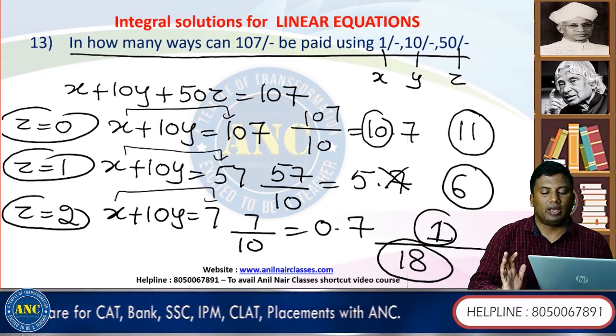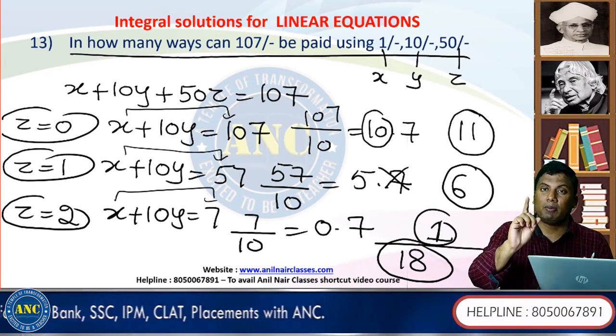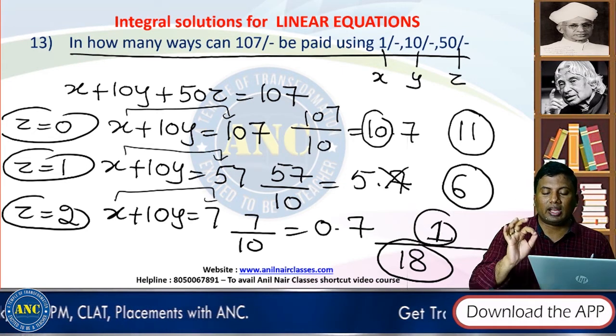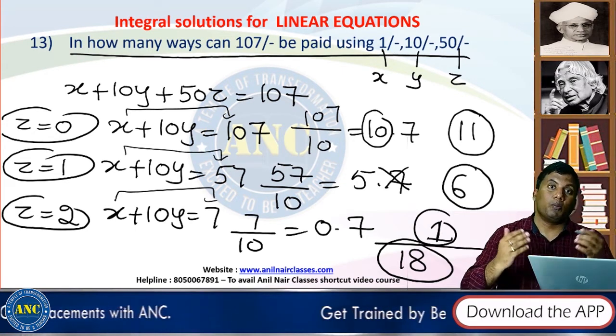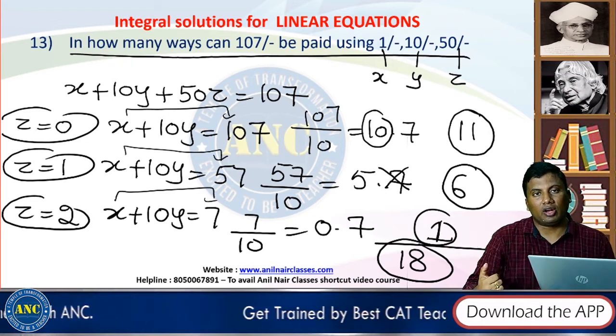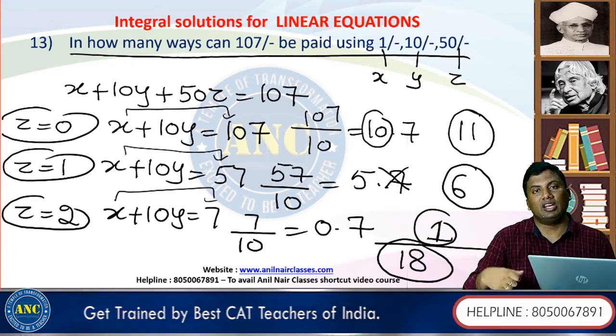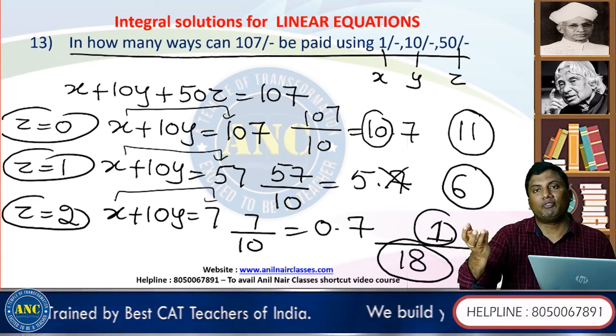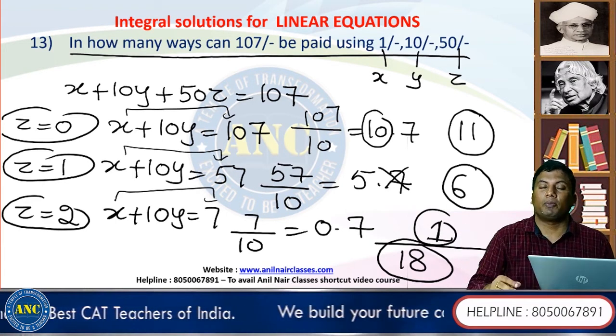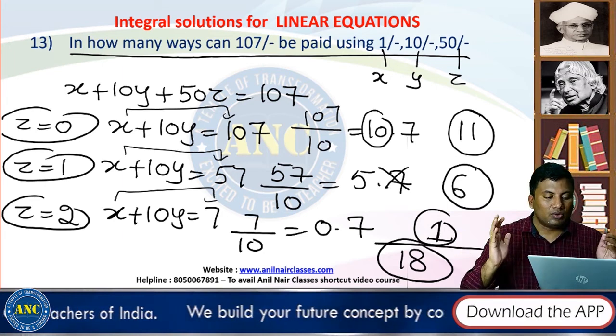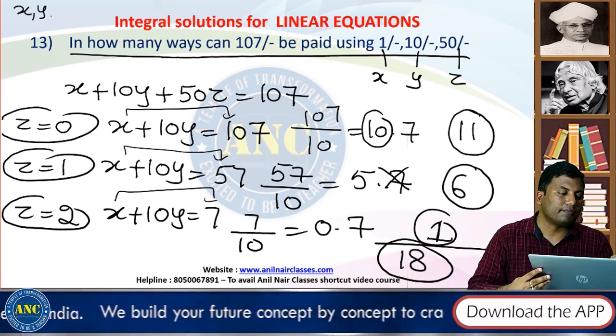K by A into B. It is not specified that a minimum of one coin should be taken out of 1 rupee, 10 rupees. You might not take any coin at all. I could give all 107 as 1 rupee coins, so y is 0 and z is 0. Or I could take 2 fifty rupee coins and 7 one rupee coins. Y could be 0. x, y, z can take 0.